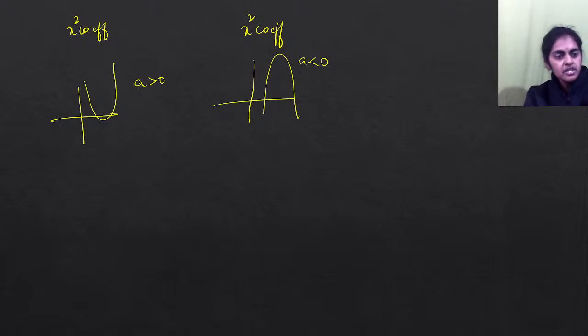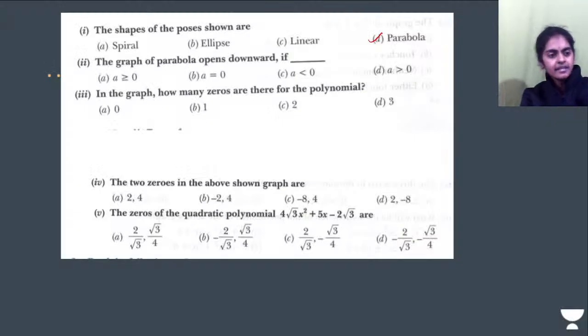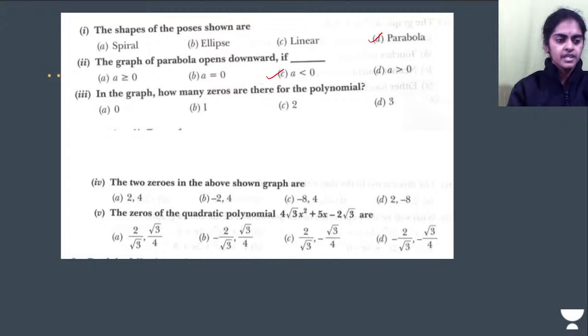If the x square coefficient is less than 0, you will get a downward curve. So they are asking if the graph opens downwards, then what is that? You can write a is less than 0. So which option is correct? Option C is correct. Clear everyone?